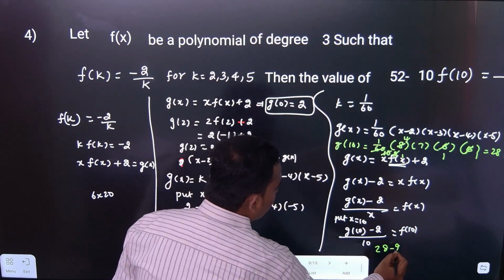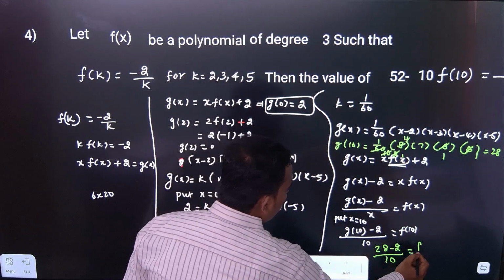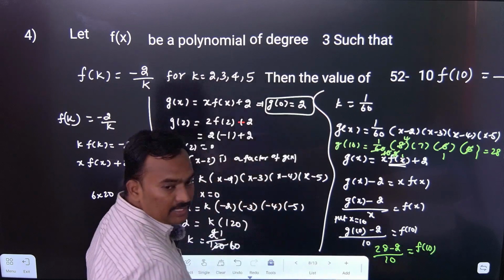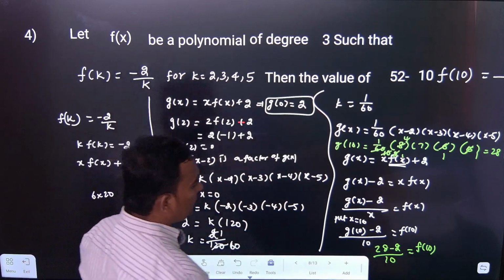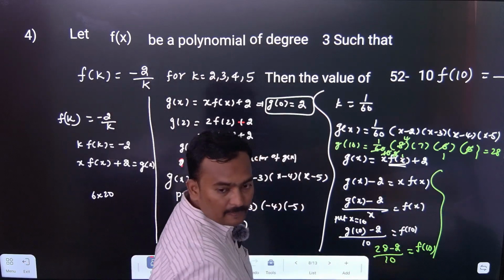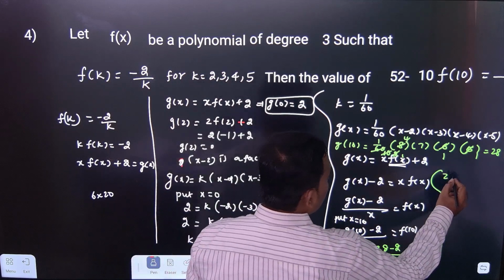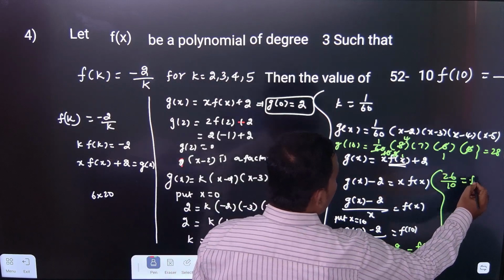28 minus 2 divided by 10 is equal to f of 10. Right? 28 minus 2 is what? 26. I will write here. So 26 by 10 is equal to f of 10.